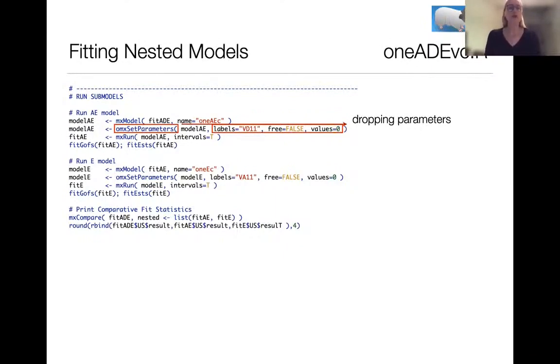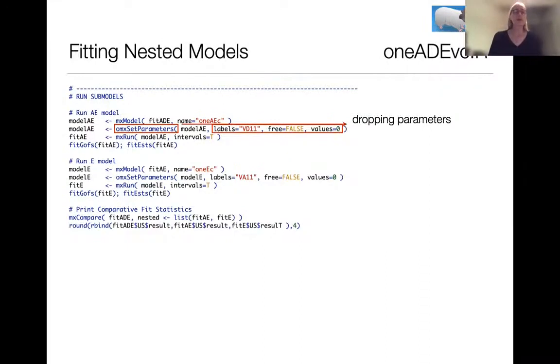So we end up with two submodels: one that drops dominance from the model, and one that goes a step further and also drops the additive genetic component in addition to the dominance component, and thus really provides us an E model, which is the baseline, the lowest model that you could fit with respect to genetic models, to see whether or not the genetic component, the combined effects of additive and dominance genetic variance, is significant for this phenotype of interest.